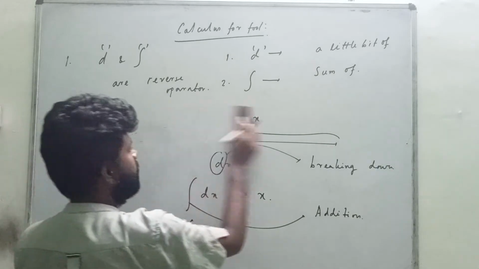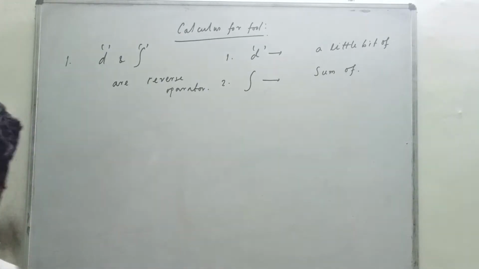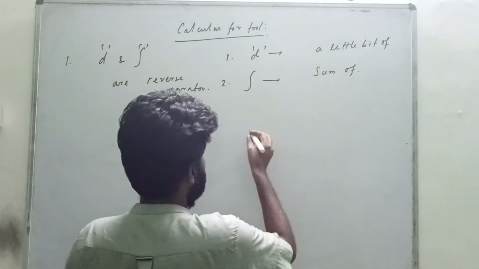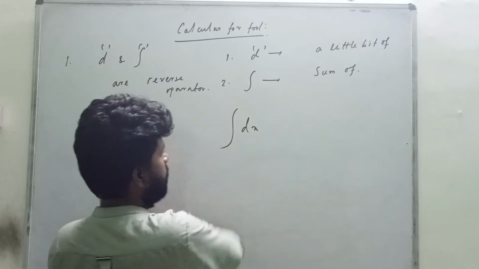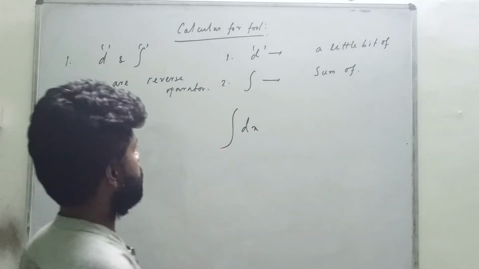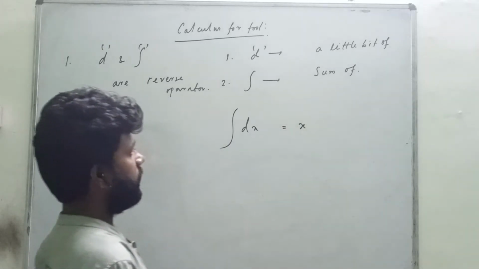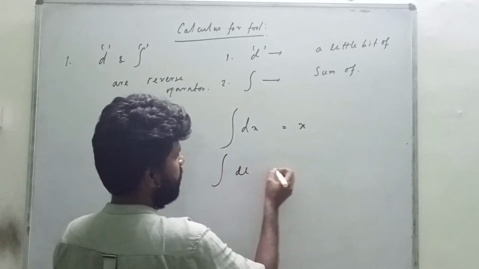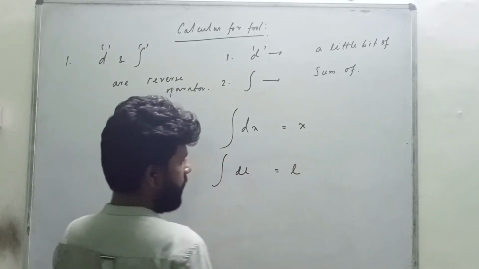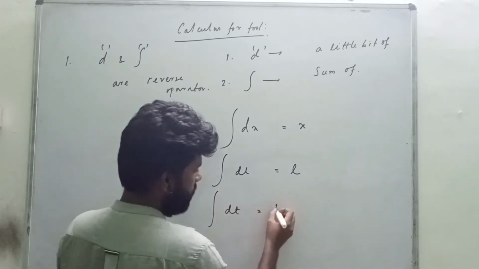So the reverse operator is true. If it is dx and it operates with this sum of symbol, we get x, the whole thing. Similarly, if it is dl, we get l. If it is dt, we get t.